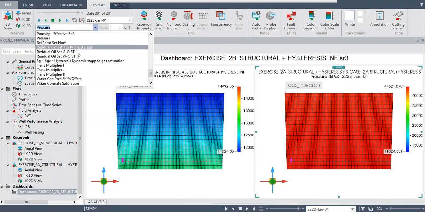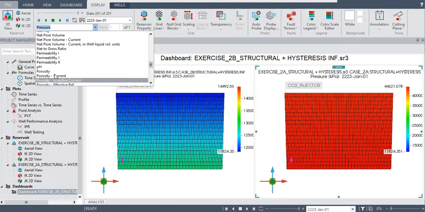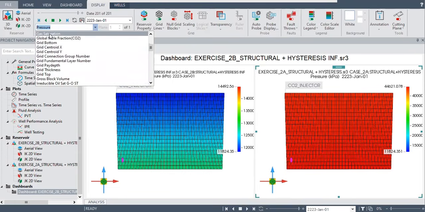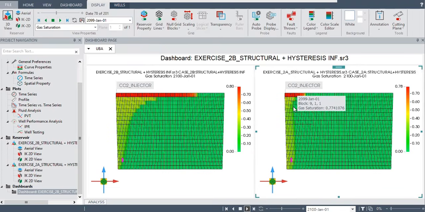Clear difference. What about gas saturation? Let's go back and then play. Very different as well. On the right, because of hysteresis trapping, the movement is very limited, only in this area.